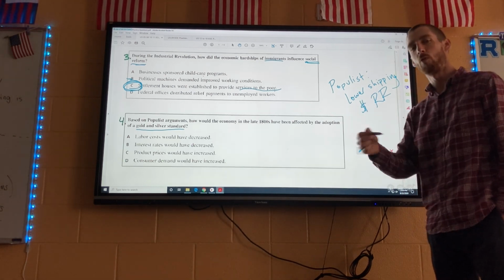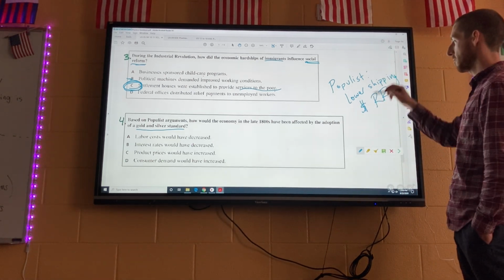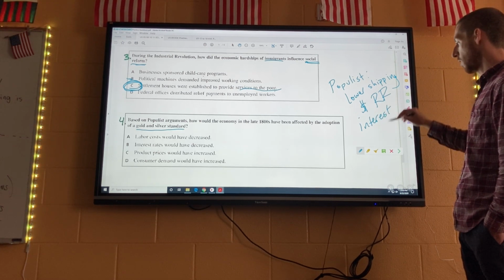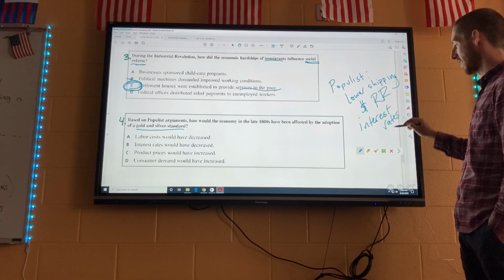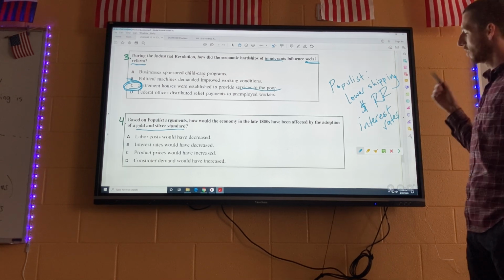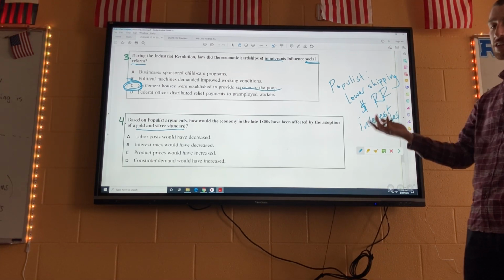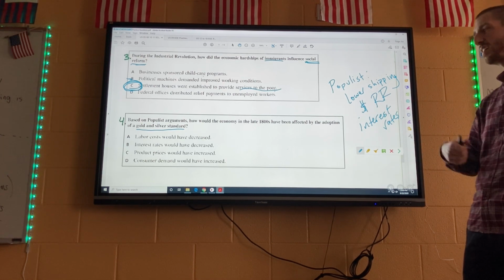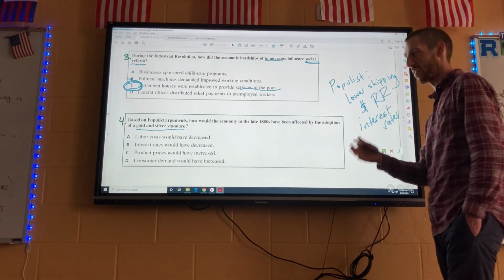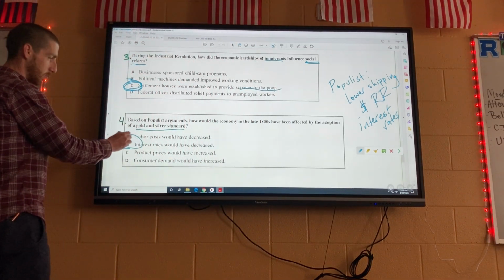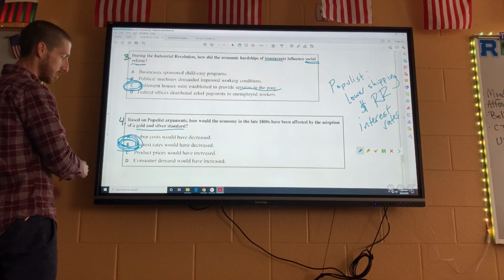Okay, now, one of the words that you use for shipping charges is also interest rates. So they want lower interest rates, and they believe that if there's more money in the economy, and they actually had a good point on this, if there's more money in the economy, interest rates are going to go down. So that's going to be B. Interest rates would have decreased.